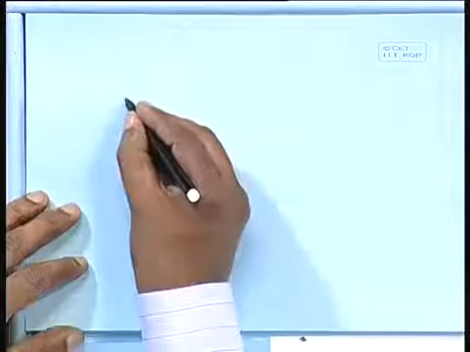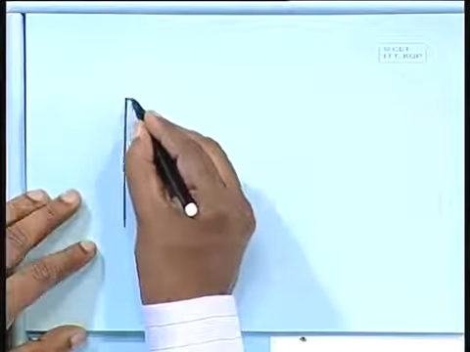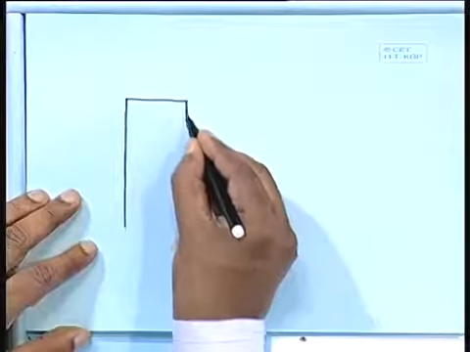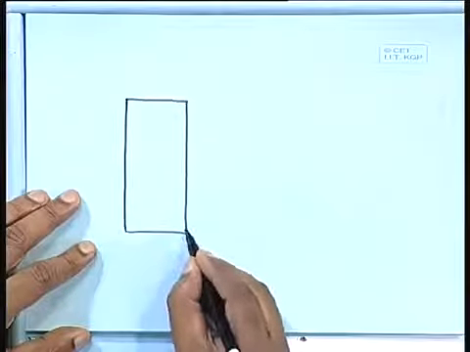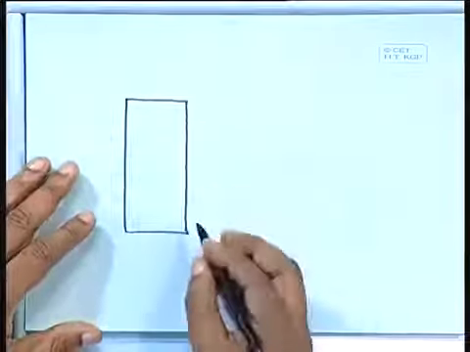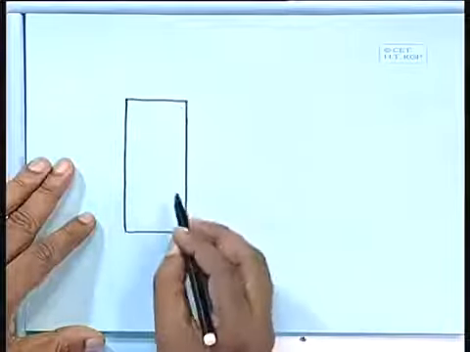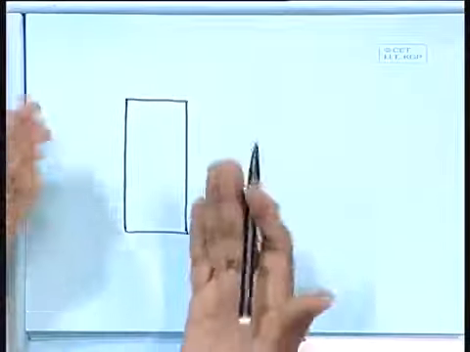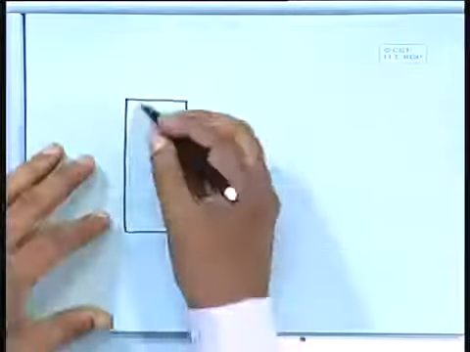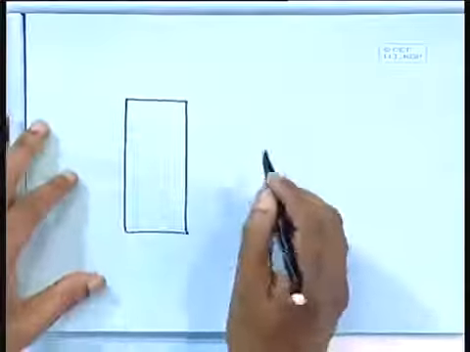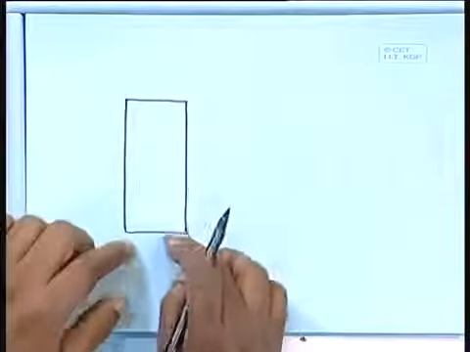Let us say this is one hall. You can take a piece of paper or any thin membrane, even a plastic sheet, and keep it over this type of arrangement.